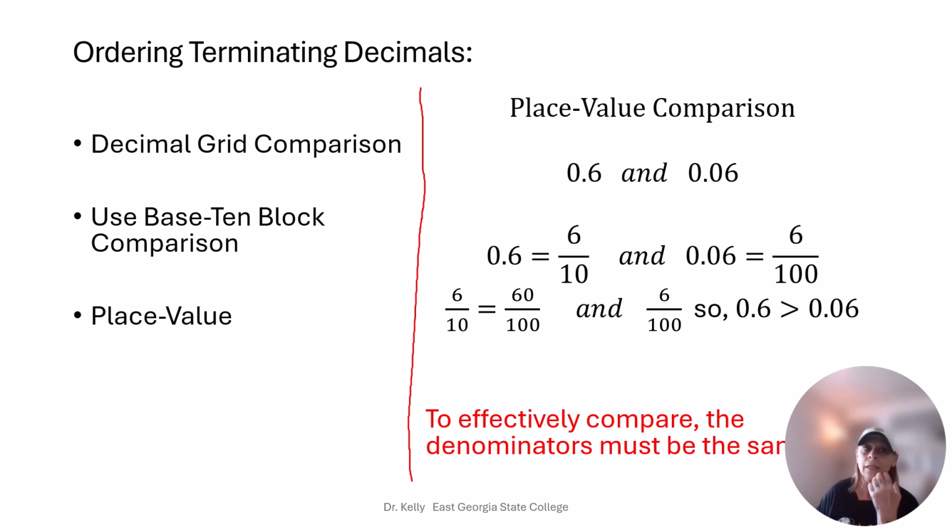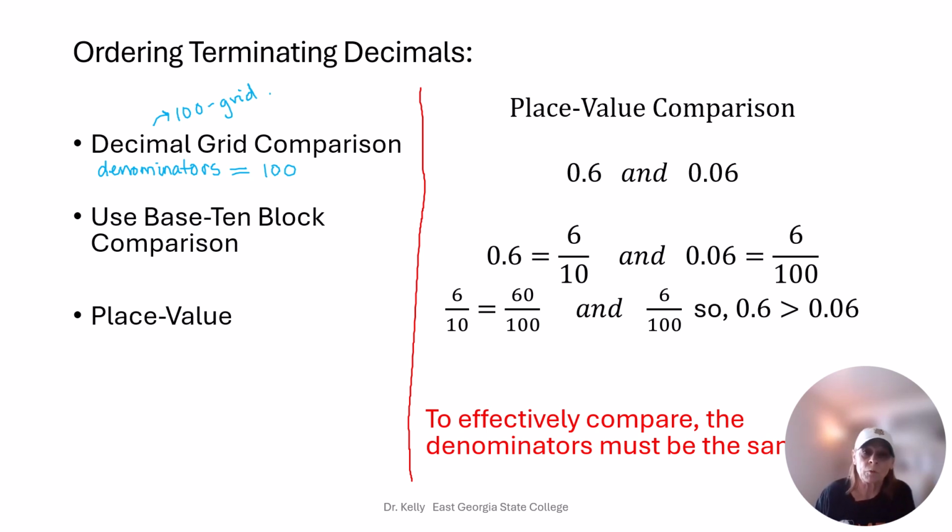One way is decimal grid comparison. Now, of course, when you do decimal grid comparison, that's using 2 different decimal grids. You've got to be sure that your denominators equal 100, right? Because the decimal grid comparison is 100 grid. Okay. You can also use the base 10 block comparison.